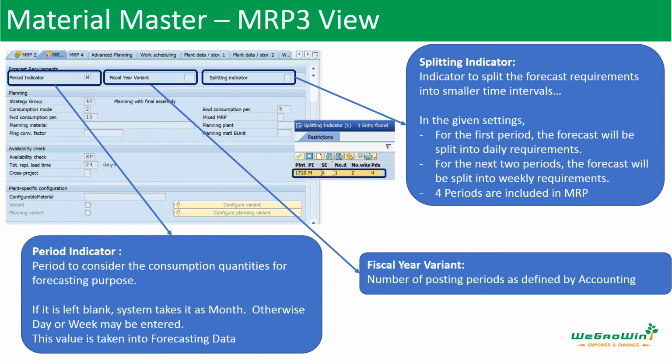In total 4 periods are included in MRP. So please note here the plant, the planning indicator and the status shown. The number of periods for days, periods for weeks and overall periods are given here. This is one parameter which is normally not used by many people, but if it is used properly, the forecast can come out in the right way.